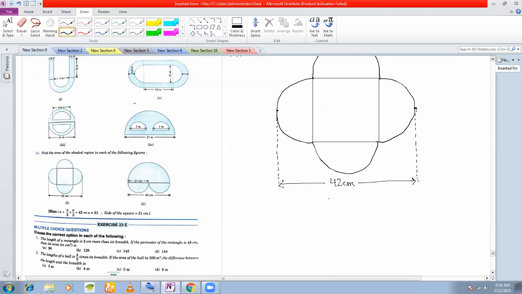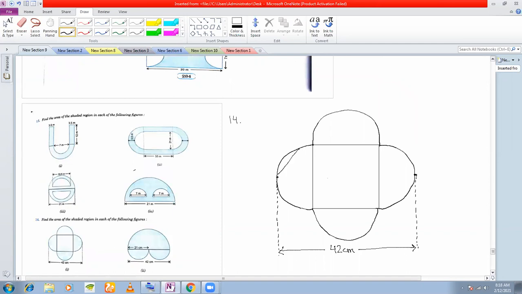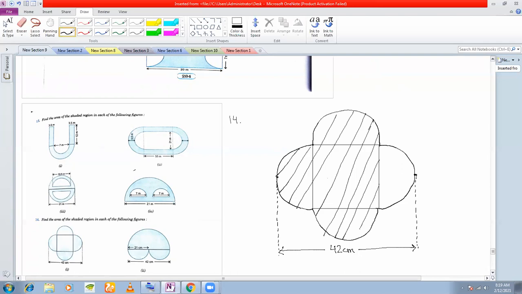Now the question here is find the area of the entire shaded region.